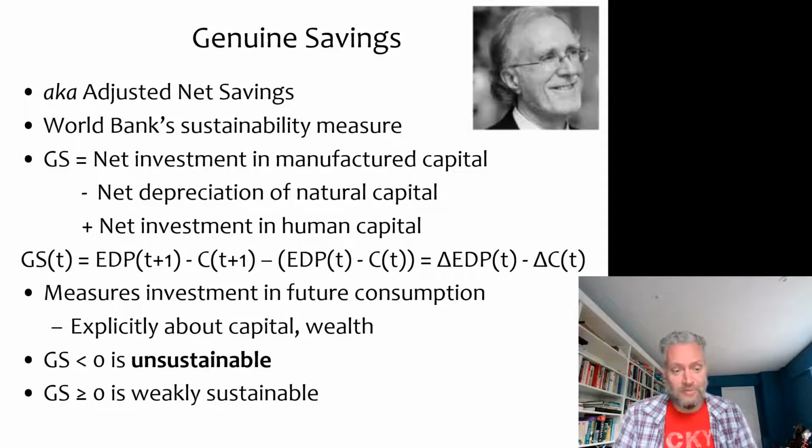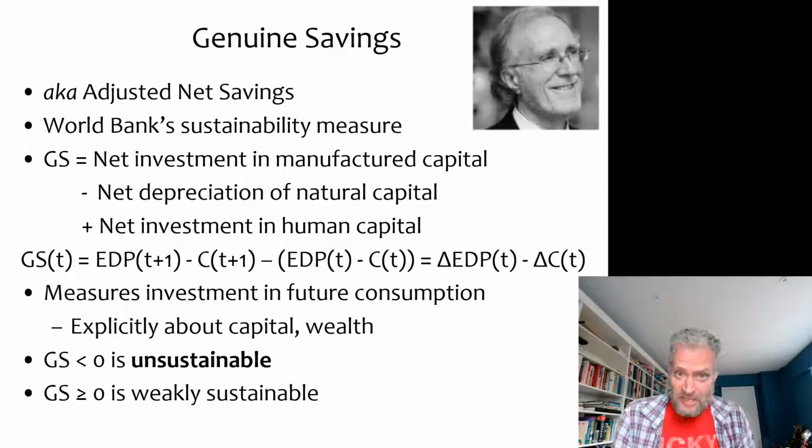Essentially, if you strip consumption out of the environmental domestic product and then take its change, how it changes over time, that is your genuine savings. So it is not interested in current consumption at all. It only looks at future consumption. It's explicitly about capital and wealth.